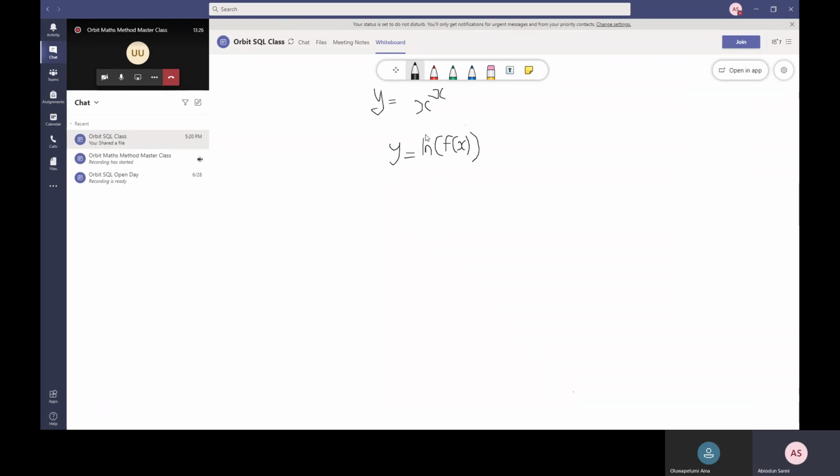Now, if we want to differentiate ln of something, natural log, don't forget that ln is the same thing as log to base e. You used to remember that.